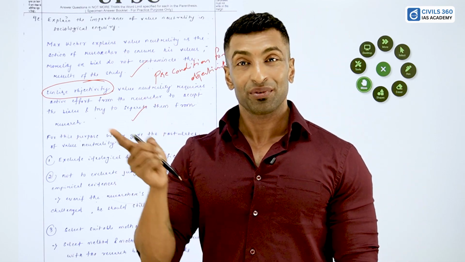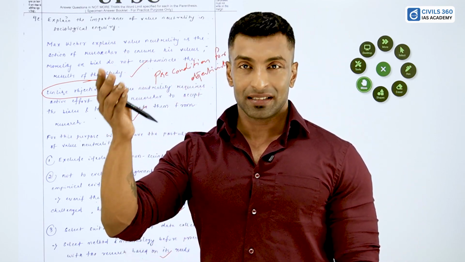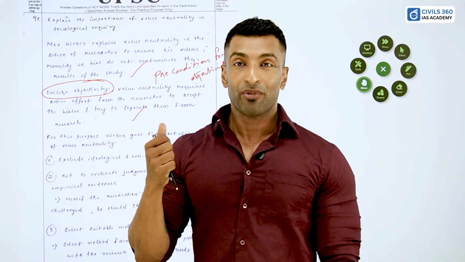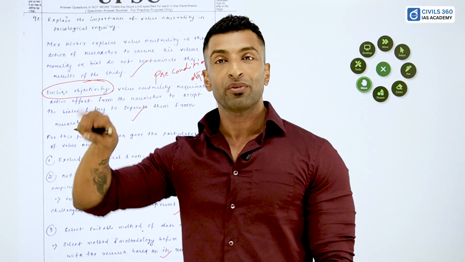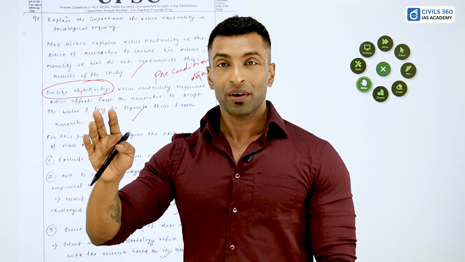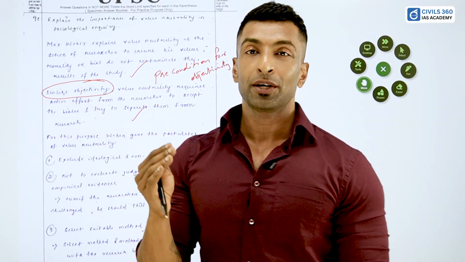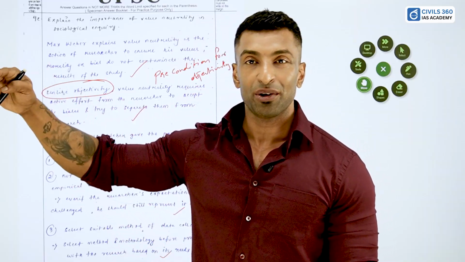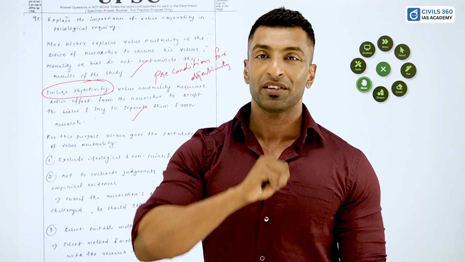No. The way he interpreted is something, he wanted to write something, but when he wrote it, it came out as something else. When he wrote, he is saying unlike objectivity, value neutrality is something else. No. Value neutrality is a precondition to ensure objectivity. So if you need that effort to ensure value neutrality, you need the same effort for objectivity also.